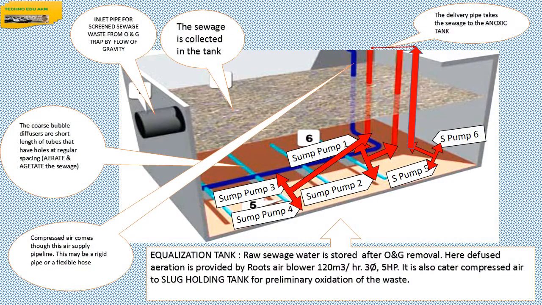The screened effluent from the basket screen enters into the equalization tank for collection of sewage from the building section. The tank acts as a holding tank for the raw effluent in order to homogenize the quality of wastewater, as well as to feed wastewater at a uniform rate to the rest of the treatment plant and to prevent odor.